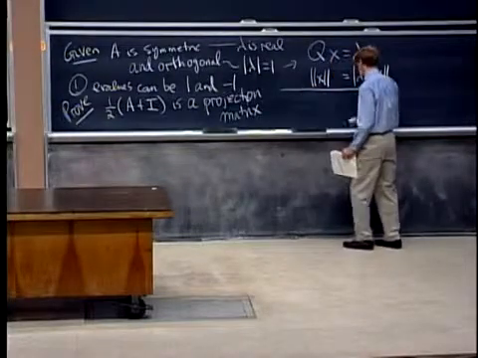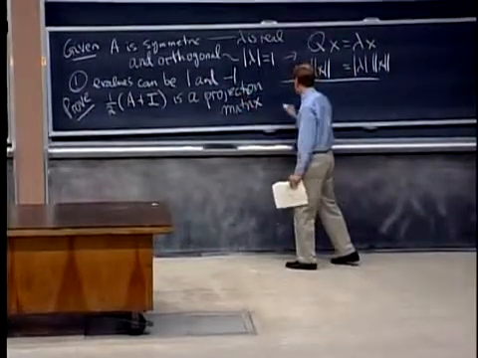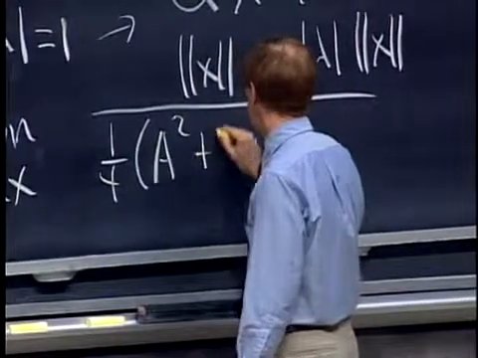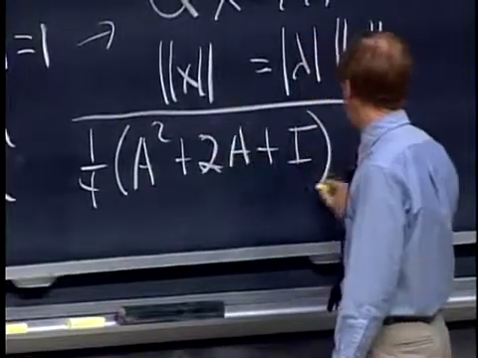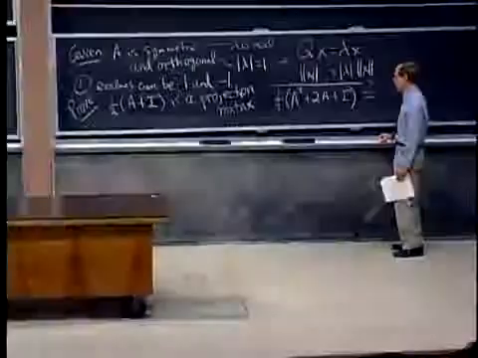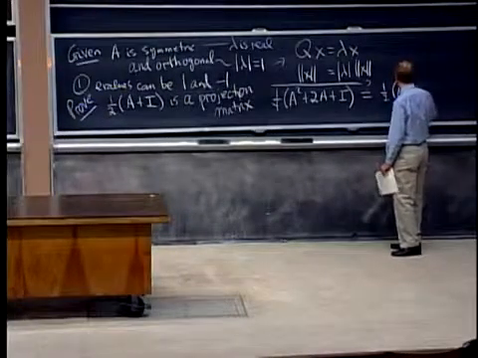So if I square it, I'll get 1/4 of A squared plus 2A plus I, right? And the question is, does that agree with the thing itself, 1/2 of A plus I?